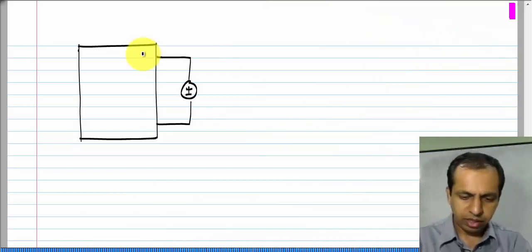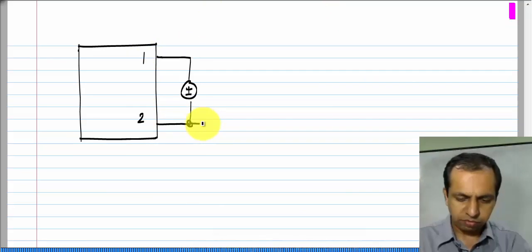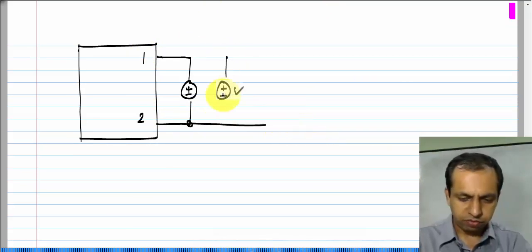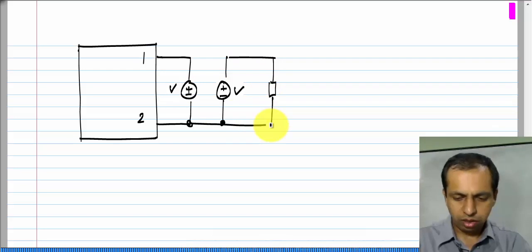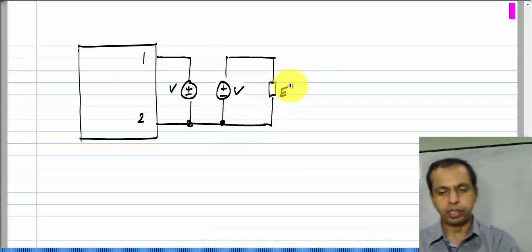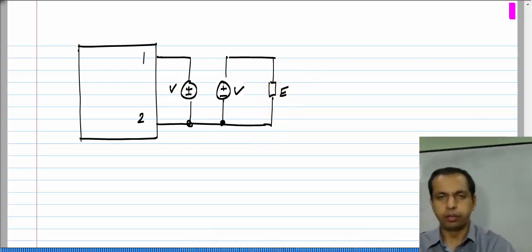So, I have this 1 and 2, and then from this point on I have also a voltage source of value V and the element E.